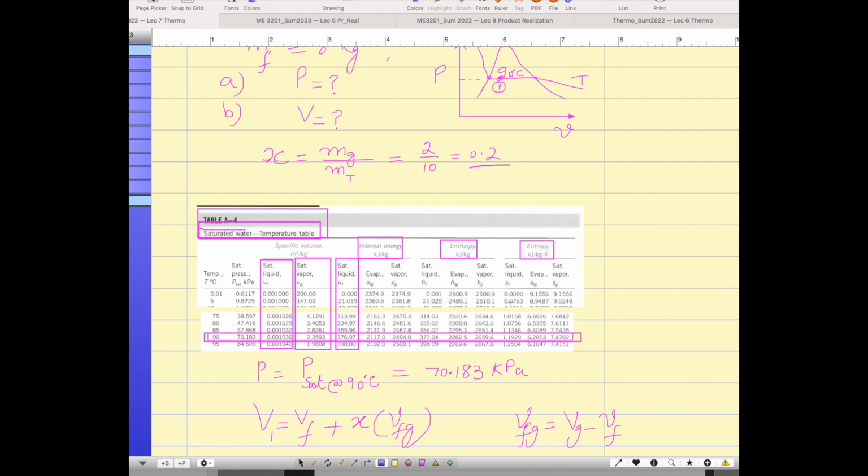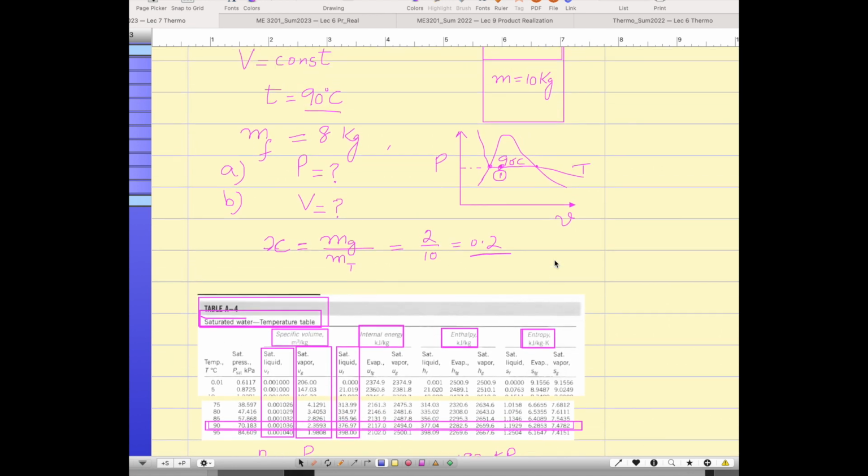So you can find many things in that table: number one specific volume, number two internal energy, number three enthalpy, number four entropy. But in this chapter we will focus more on the first three: specific volume, internal energy, and enthalpy.